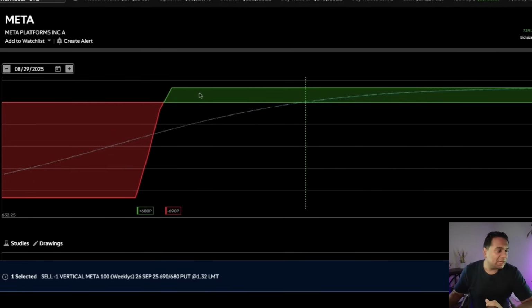Now, we have the P&L chart right here of the 690/680 put credit spread. As you can see, as long as Meta continues to stay above the 690 strike price in this green zone, you get to pocket 100% of the premium. Once Meta starts drifting into this red zone right here, your trade would start losing money.